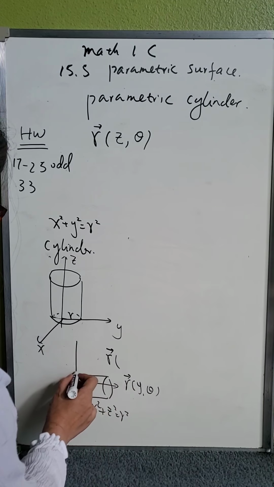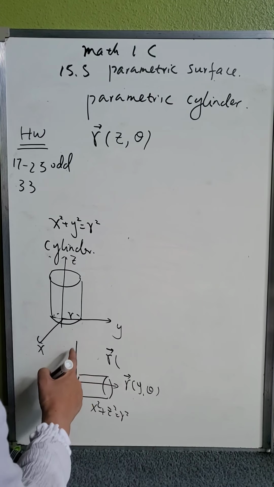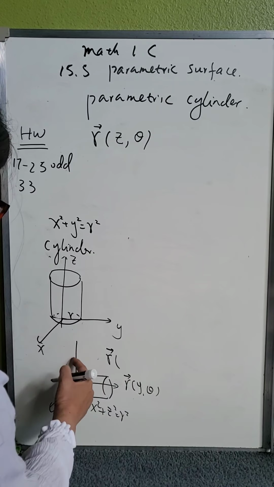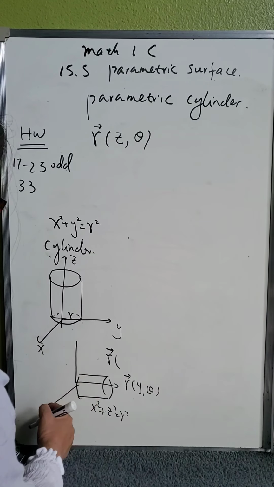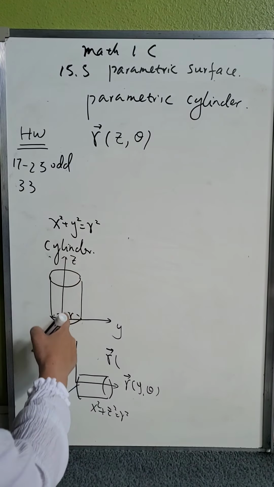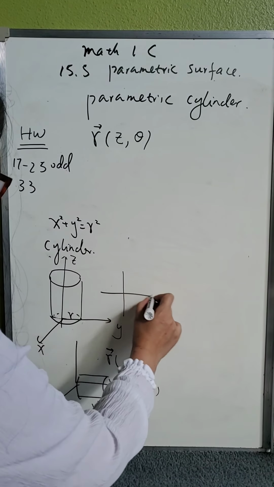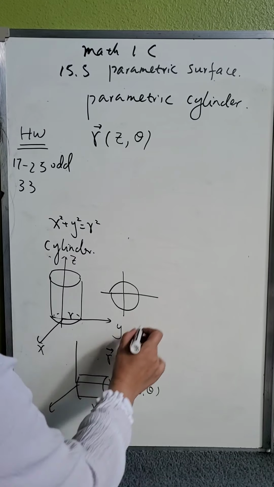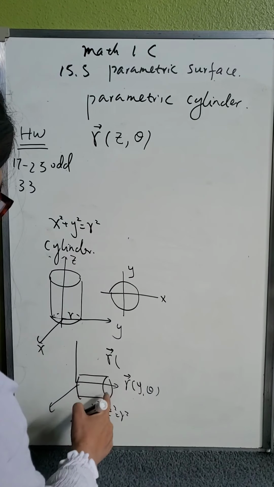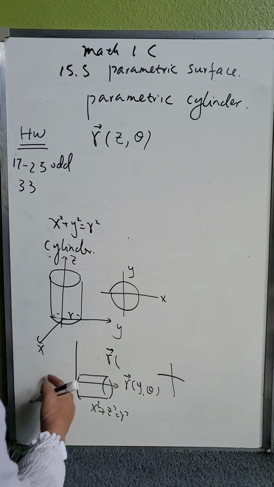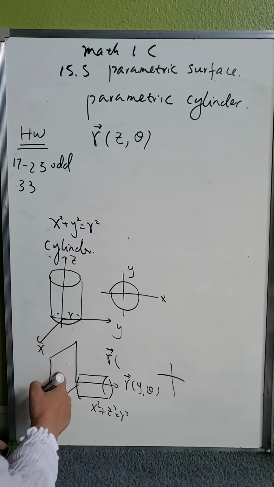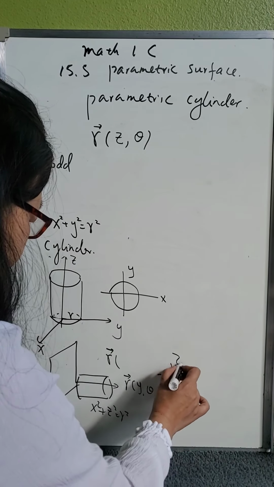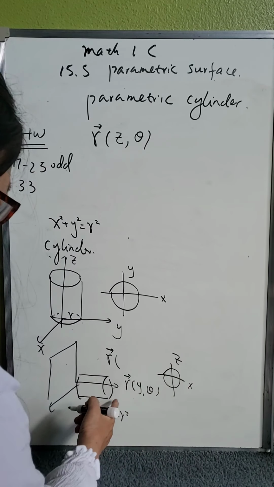Then your circle is actually projected on the xz plane. Circles are usually projected on the xy plane, so the xy plane will look like this, but this one is projected on this plane, which is your xz plane, and your y is missing.